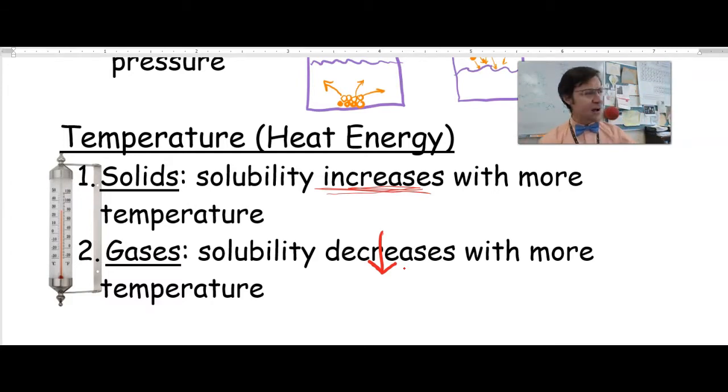But if you leave it out next to the heater or something, it's going to make it warm. The particles are going to move around more, and it's going to be really hard for those gas particles to stay in because they just want to fly out everywhere. You guys get what I'm saying? I know you get what I'm saying. So remember, temperature increases solid solubility, it decreases gas solubility.